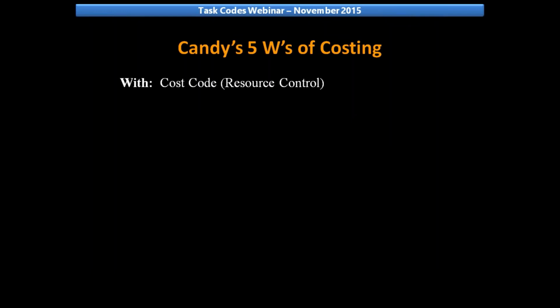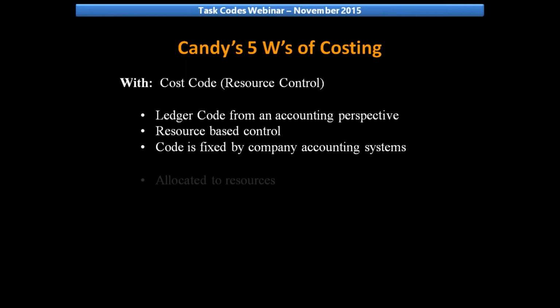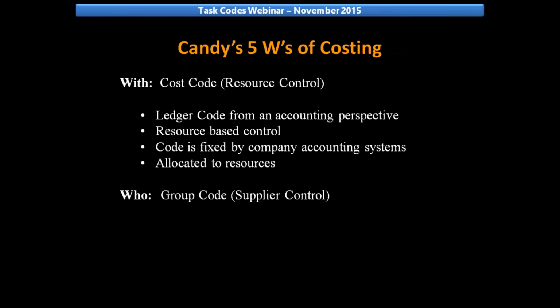The third W is with, which deals with the Candy cost code, which is used for your resource control, also known as the ledger code from an accounting perspective. Your cost code is used for resource-based control. The code is fixed by a company accounting system. Your cost code is allocated to resources. Then the fourth W is the who, which deals with the Candy group code, also known as the supplier code.